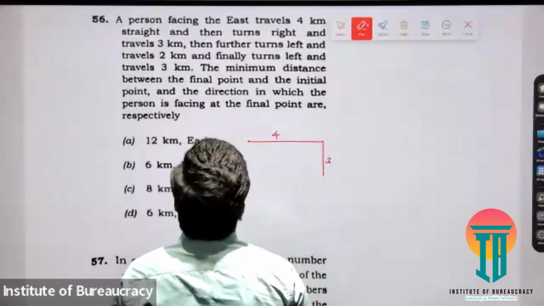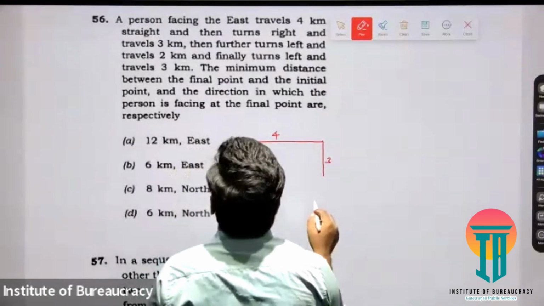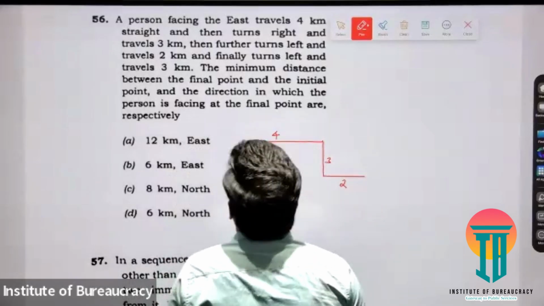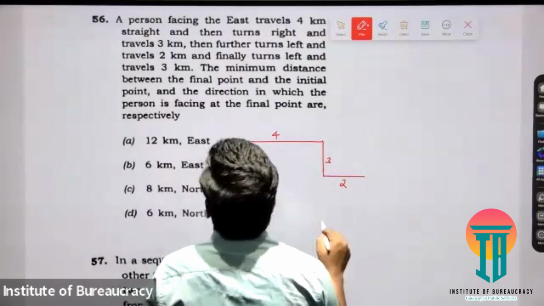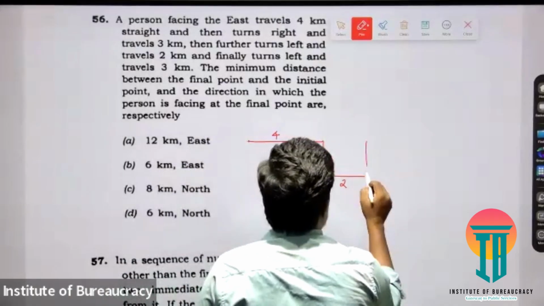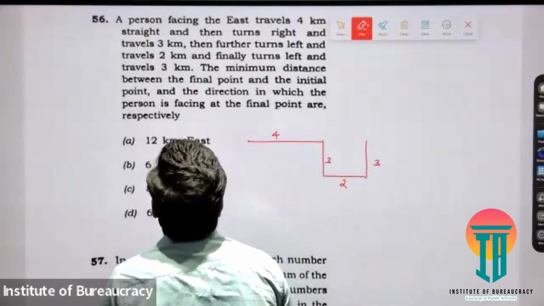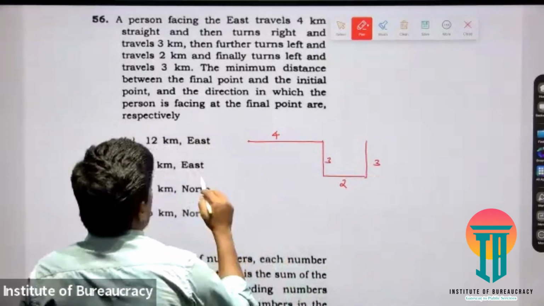And then further turns left and travels 2 kilometers. And finally turns left and then travels 3 kilometers. What is the minimum distance between the final point and the initial point?